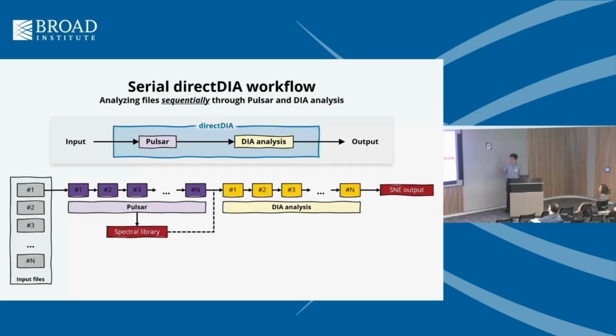Instead of doing this on a flat architecture, we're going to translate it into a vertical architecture to parallelize the Pulsar engine search and DIA analysis, which are the very compute-intensive steps. And between them, we'll add an intermediate step to combine the output into one experiment-level output.